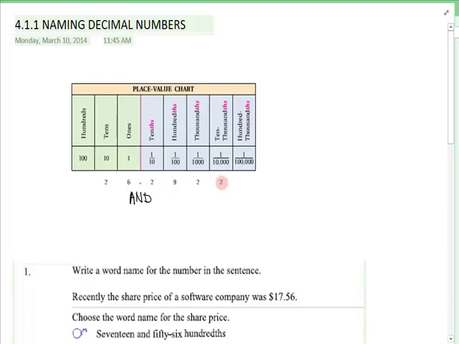We indicate that it is a decimal by saying the place value of the last digit. So, to read this number correctly, we would say it is 26 and 2,922 10,000ths.